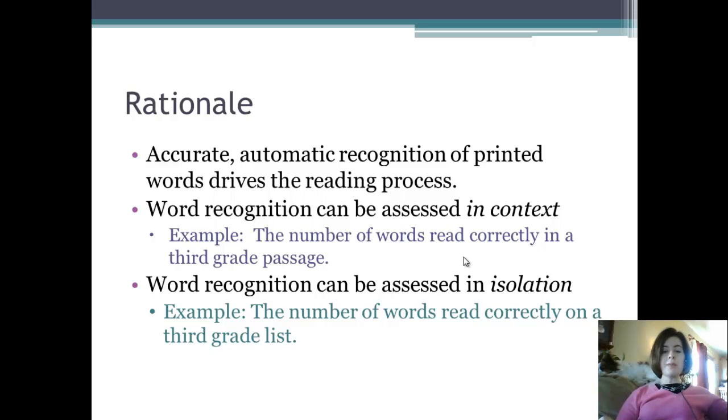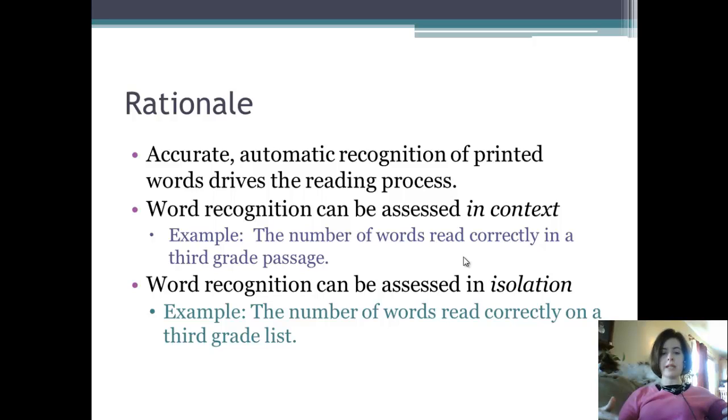So having accurate, automatic recognition of words is very important to successfully reading. Word recognition can be assessed in context, and that would be when you ask the students to read a passage at the 3rd grade level and you count the number of words read correctly. So that would be assessing word recognition in context. But word recognition can also be assessed in isolation.